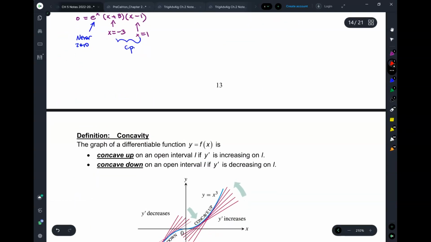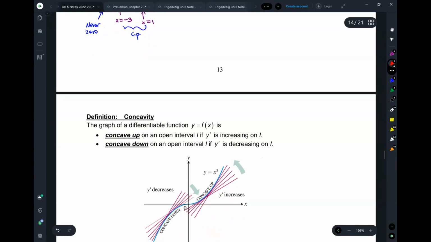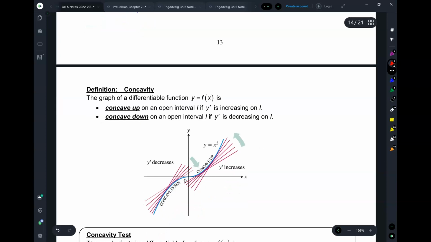All right. So let's talk about concavity. Concavity talks about if the function is concave up or concave down. What does that mean?